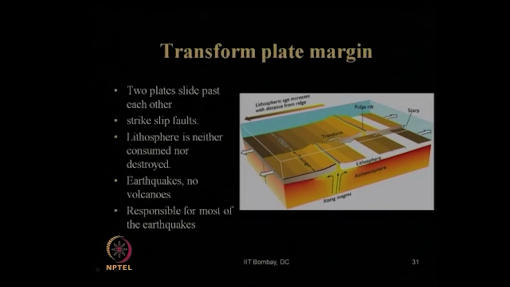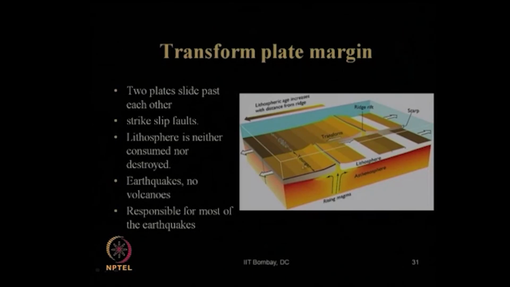So, the fault which gets formed or visible in the form of this transform plate margin is nothing but called strike slip faults. And in the case of a transform plate margin, where two plates slide past each other, lithosphere is neither consumed nor destroyed.